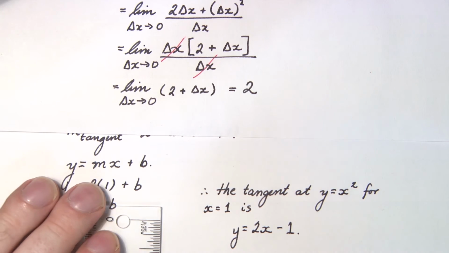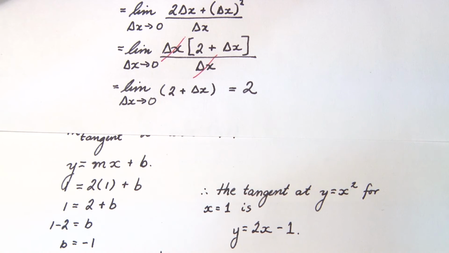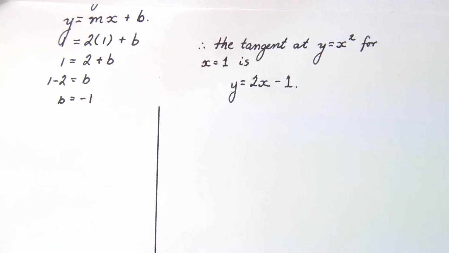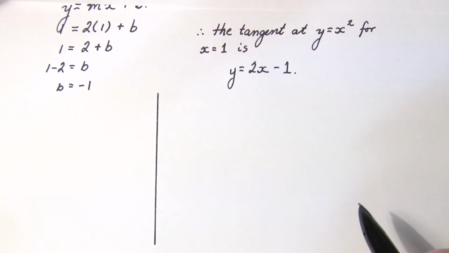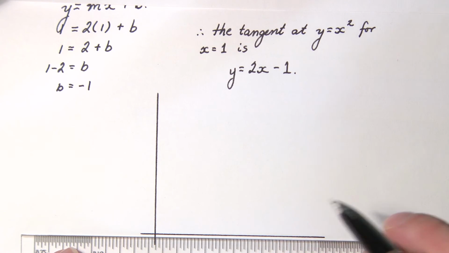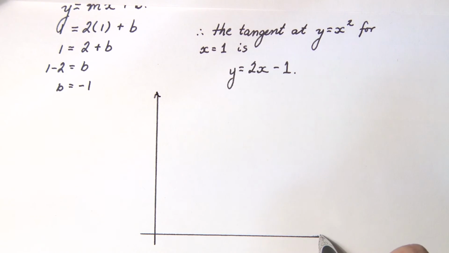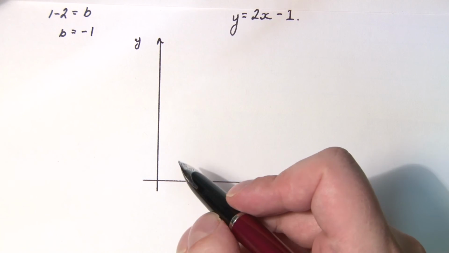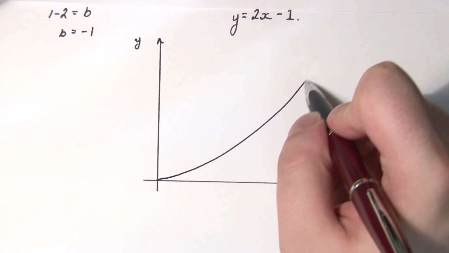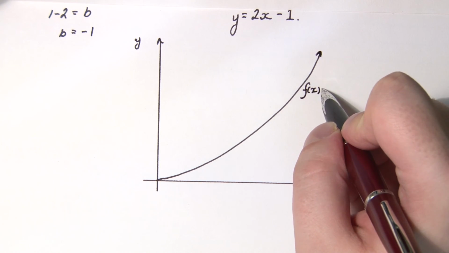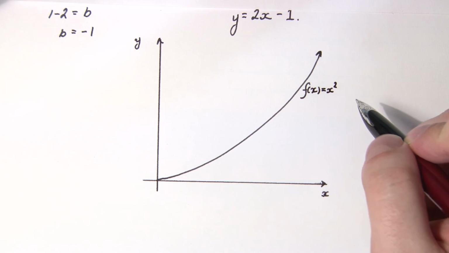So let's see if I can draw this not too bad. So this is f at x is equal to x squared.